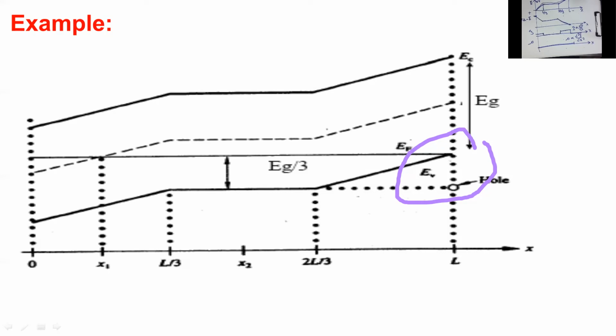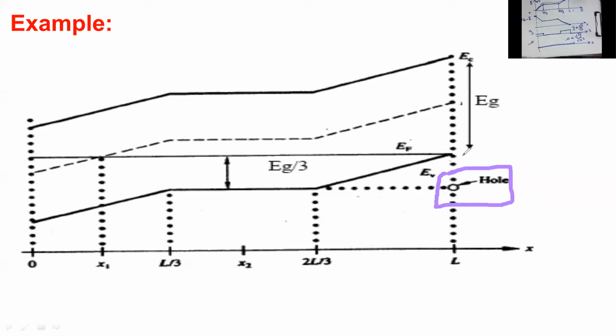Yes, I have. So what is the next question? The next question is, can you determine the total energy of this hole? Can you see this hole? Okay, it's very easy. My reference for holes is usually E_V.